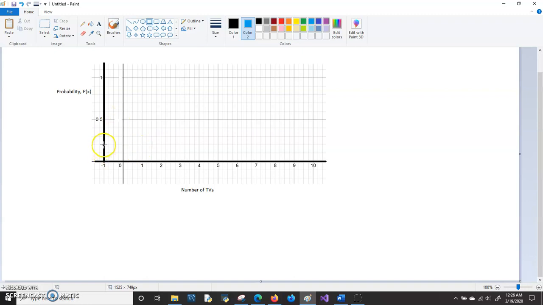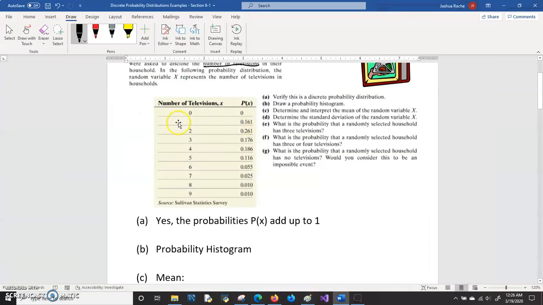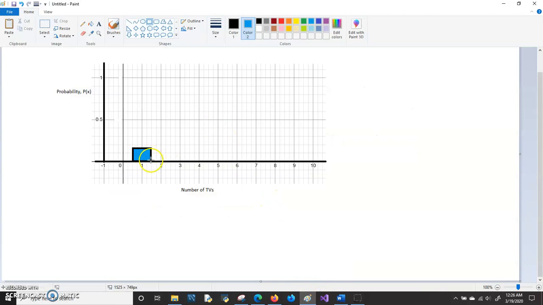0.161, so here's 0.1, 0.2, so 0.161 is maybe here. Like that. The next one for 2 TVs, the probability was 0.261. So I'll make a bar that goes up to 0.261. About there.